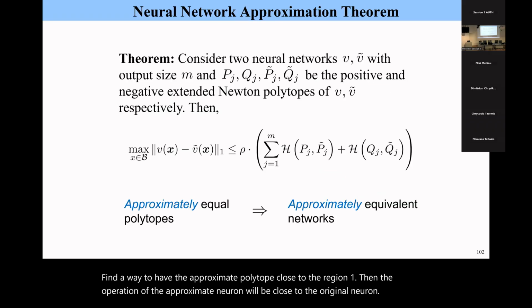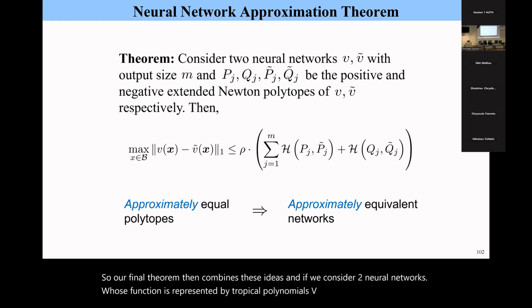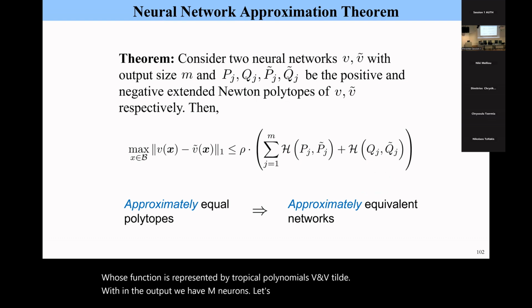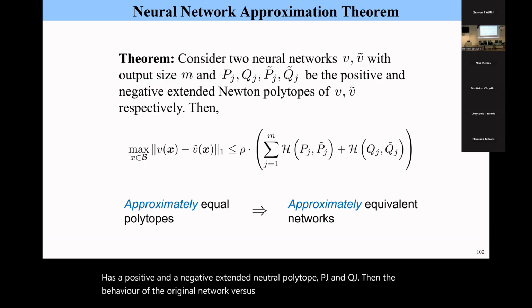So our final theorem then combines these ideas. If we consider two neural networks whose function is represented by tropical polynomials v and v tilde, with m neurons in the output, let's say, and each one of these m neurons has a positive and a negative extended Newton polytope, Pj and Qj, then the behavior of the original network versus the approximate network has an error.